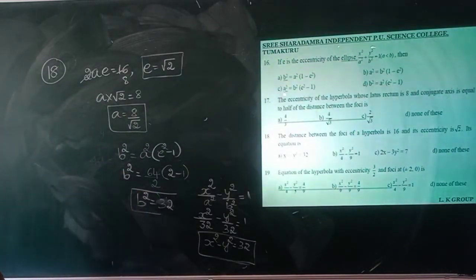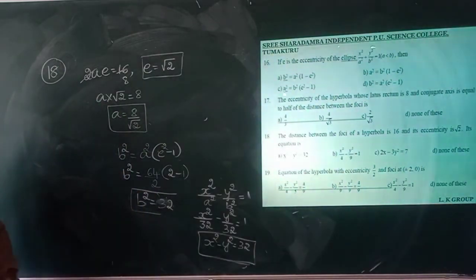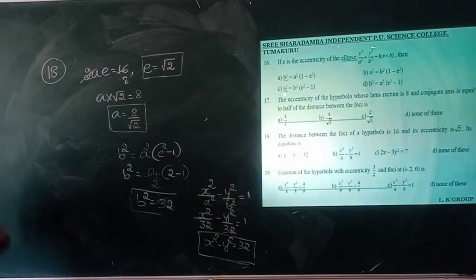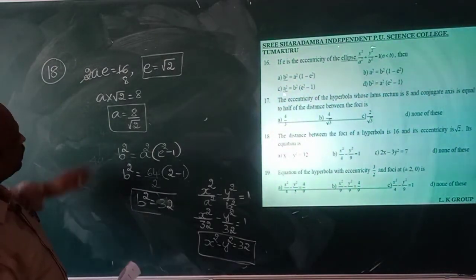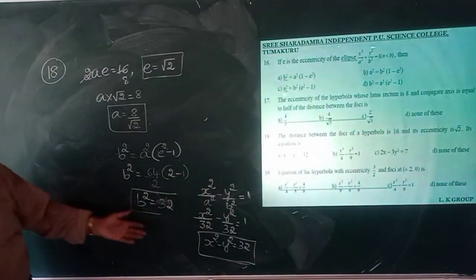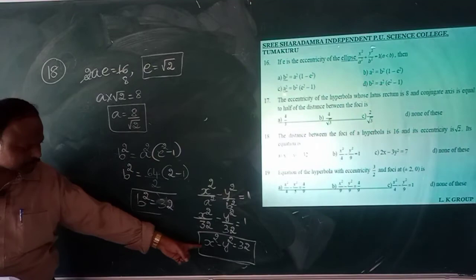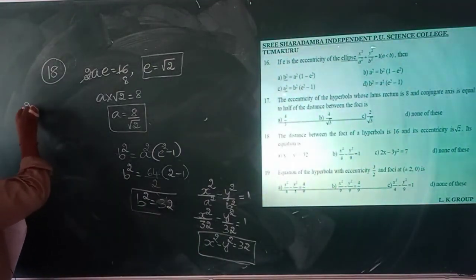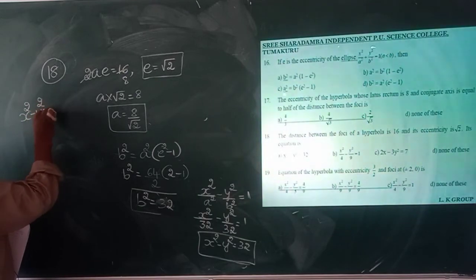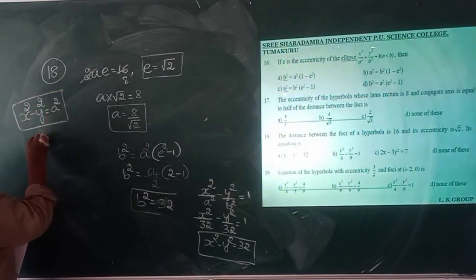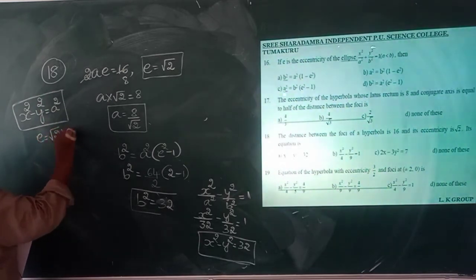And this is called a rectangular hyperbola. You can observe x square minus y square is equal to 32. So without doing this, we can say directly x square minus y square is equal to 32. Whenever this is of the form x square minus y square is equal to a square, eccentricity is always root 2.